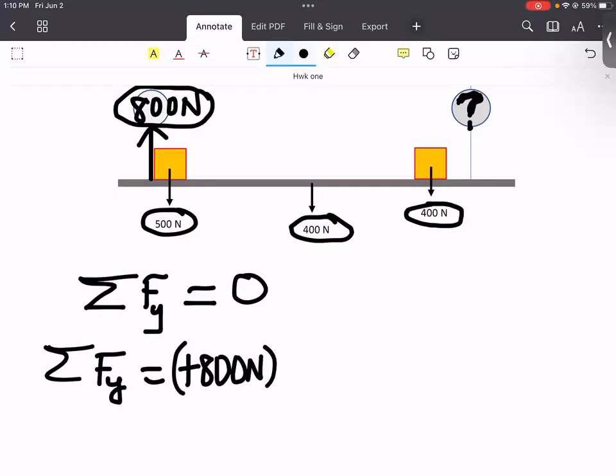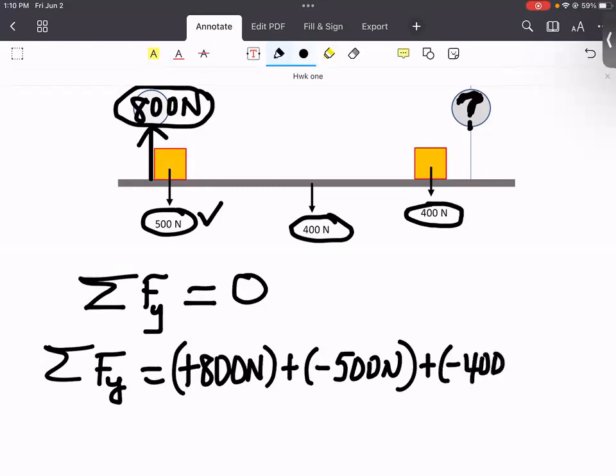Then we have the 500 newtons acting downward, so minus 500 newtons. The next one is the weight of the metal bar itself, plus negative 400 newtons.